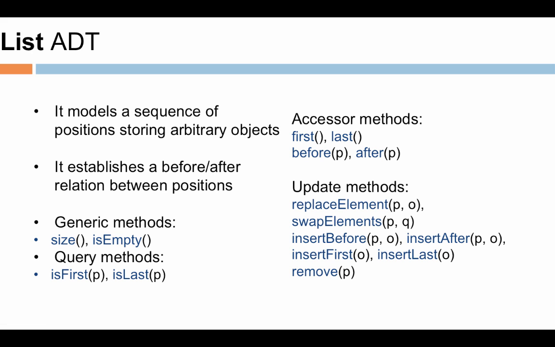Okay, so now let's move on and get more specific and look at the list abstract data type. We will now study the list data type and implement the list data structure and so on and so forth in the next lecture.